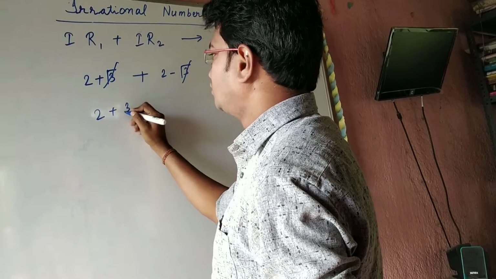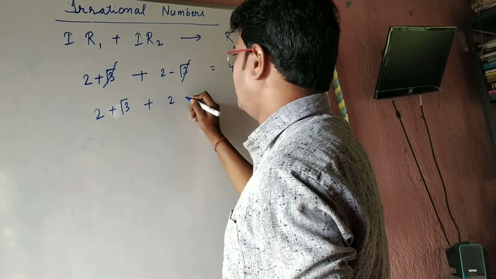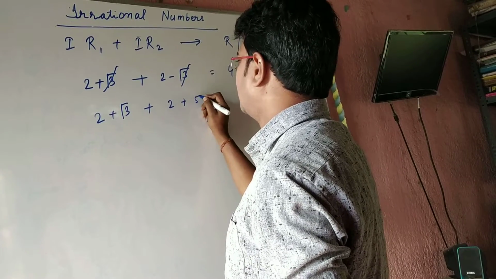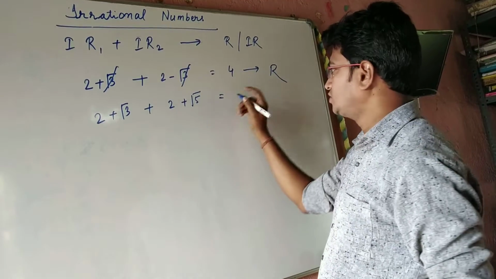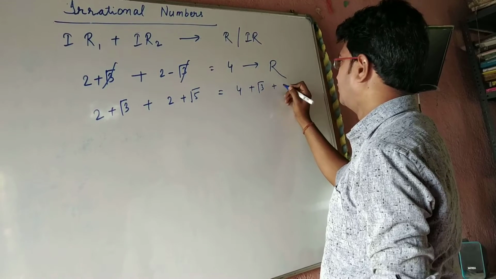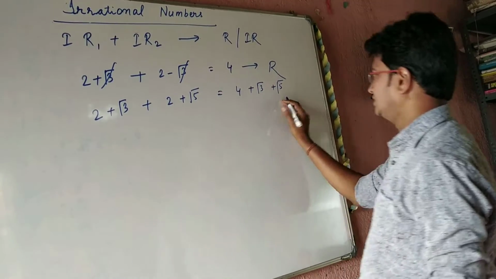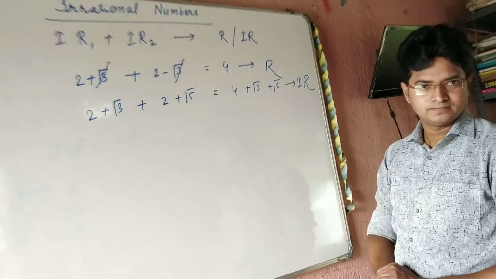And 2 plus root 3 plus 2 plus root 5. If you are asked to add these two numbers, 2 plus 2 is 4. Here you are getting root 3 and here you are getting root 5. So this is the answer. So this is the example of an irrational number.